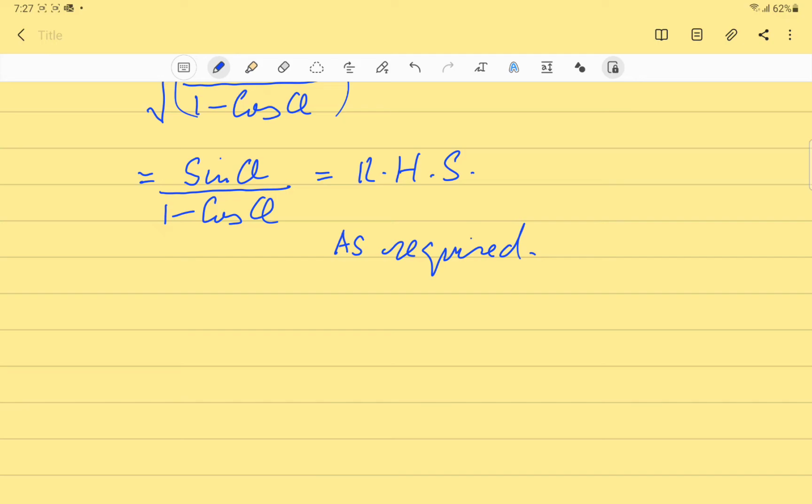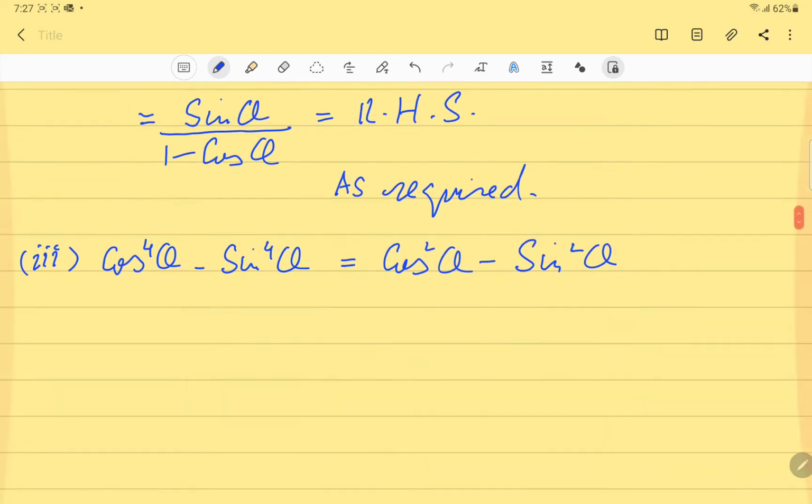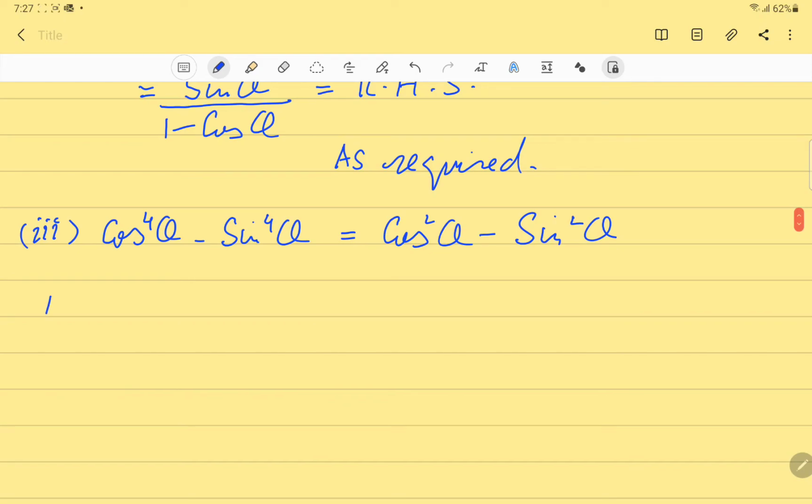Let's move on to our third question, which is the last one in this. Cos 4 theta minus sin 4 theta is equal to cos square theta minus sin square theta. Left hand side of this question is cos 4 theta minus sin 4 theta.